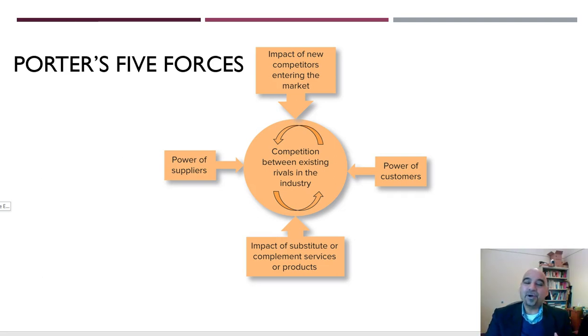So you always have to be aware also of the existing rivals in the industry. They are constantly looking for ways to change to stay competitive. And that's the very nature of being in a global marketplace, is all organizations really must be aware of these factors that can affect organizational change.